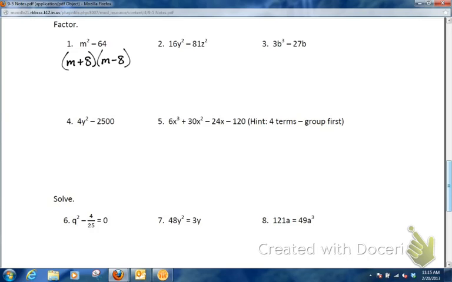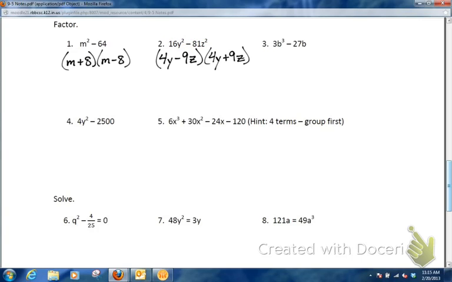And in number 2, again, just like on the front page, this is a difference of squares, so it turns into 4y minus 9z and 4y plus 9z. Again, that is taking the square root of both this one and this one. Square root of 16y squared is the 4y. Square root of 81z squared is the 9z. One gets a plus, one gets a minus.